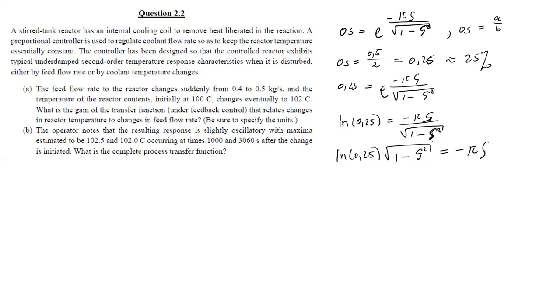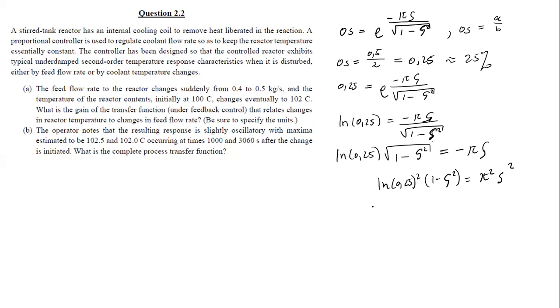Now let us get rid of the square root. We introduce squared on both sides. So here we're going to have ln of 0.25 squared multiplied by 1 minus the damping factor squared, equal to pi squared times the damping factor squared.